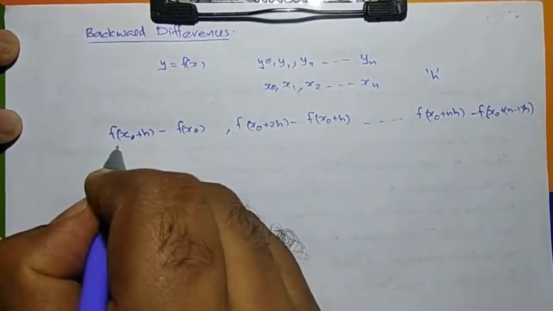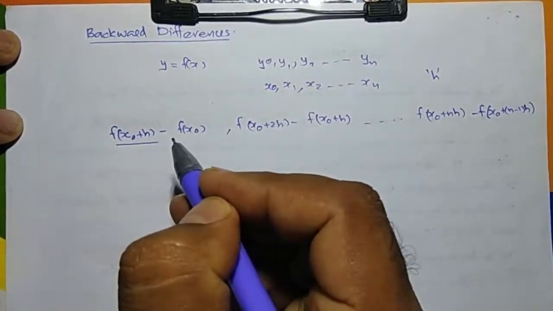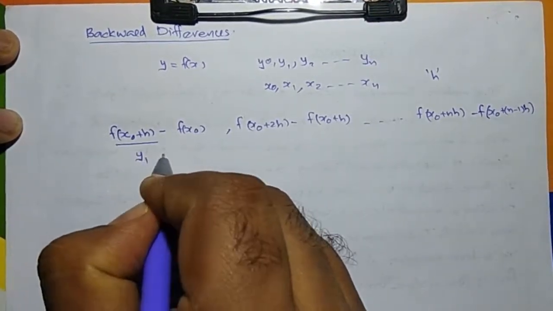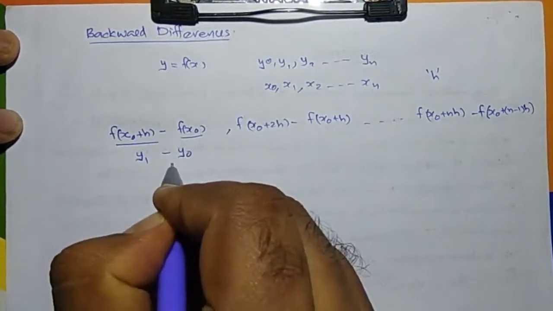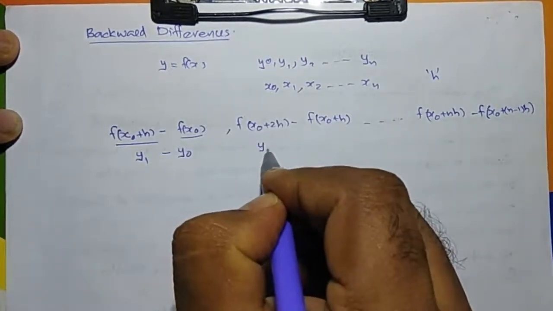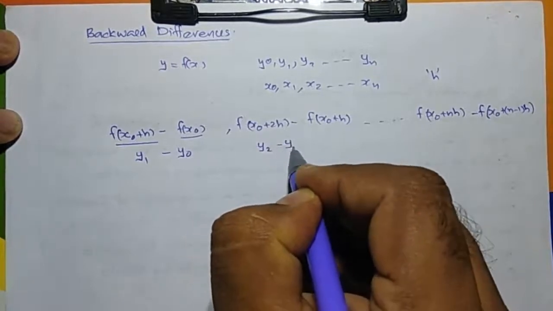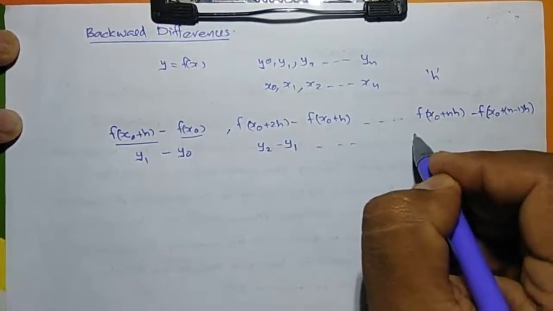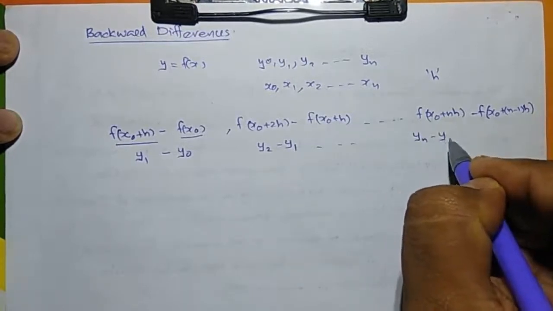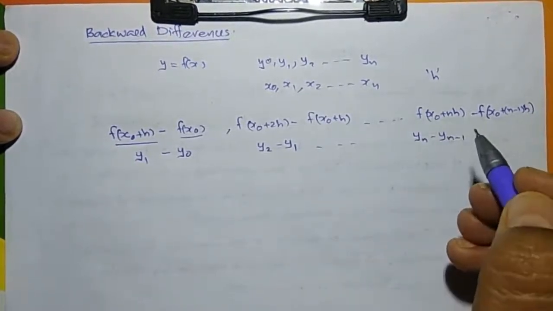Or, f of x0 plus h is y1, f of x0 is y0, so this is y1 minus y0, this is y2 minus y1, etc. The last term is yn minus yn minus 1.